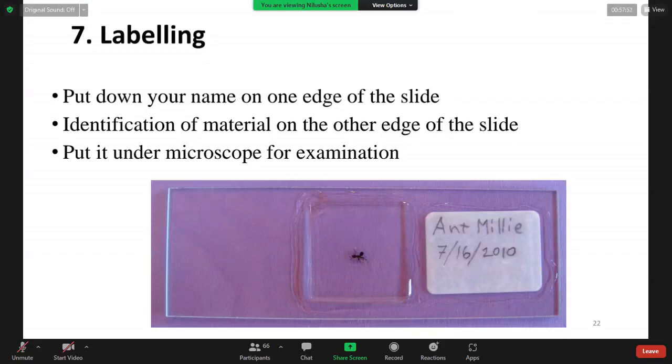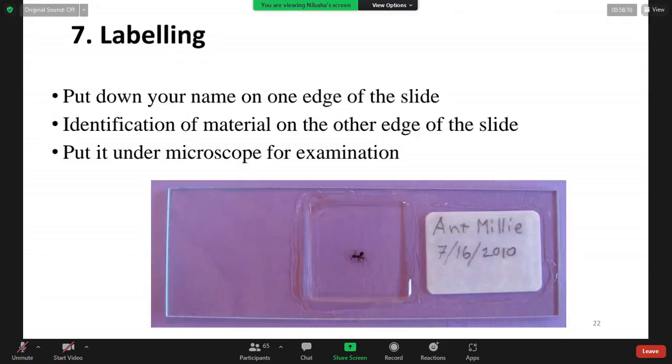On the other side you write your details, that means who prepared the slide and the date of preparation.